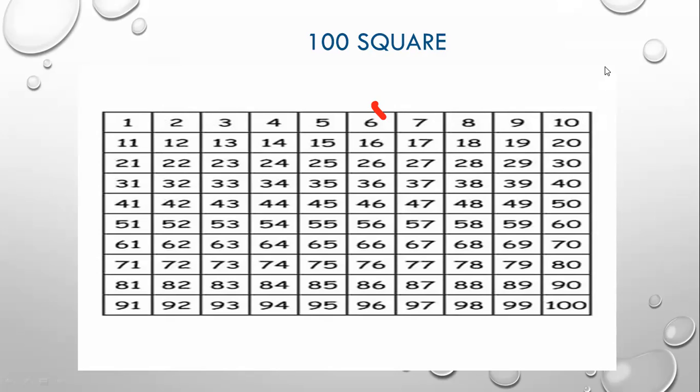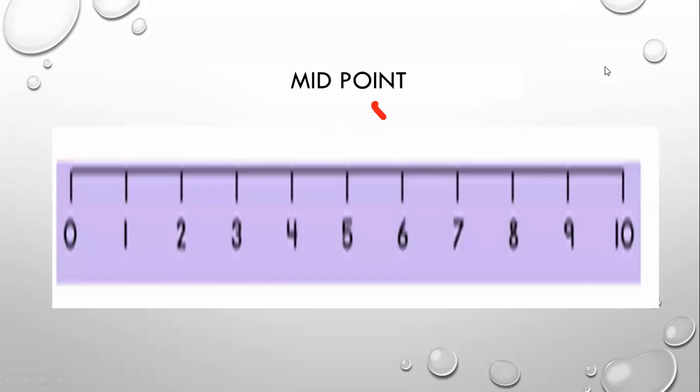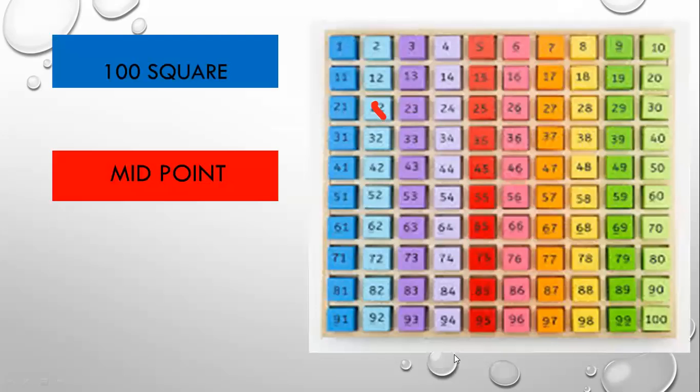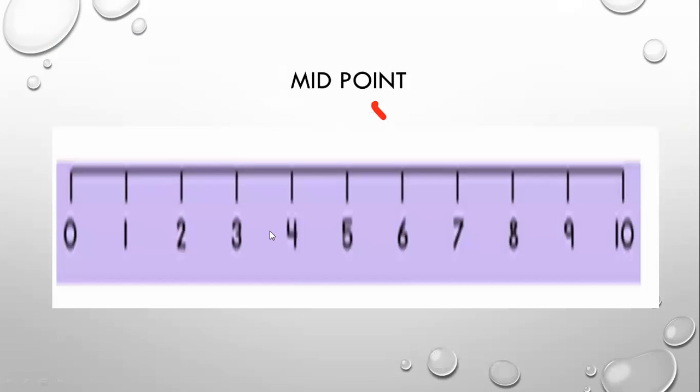Let's talk about midpoints. Here we have a number line from 0 to 10: 0, 1, 2, 3, 4, 5, 6, 7, 8, 9, 10. These numbers start from 0 and finish on 10.